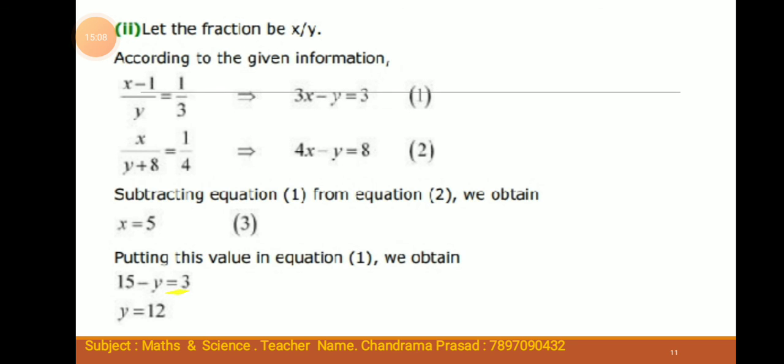Putting this in equation 1, we obtain 15 minus y equal to 3, or y equal to 12. It means the numerator equals 5 and the denominator equals 12. Therefore, the fraction equals 5 divided by 12.